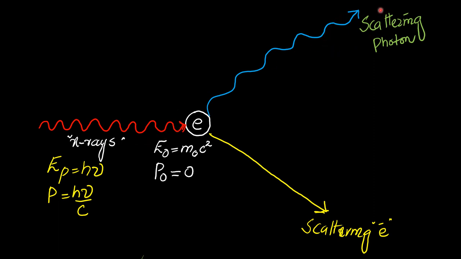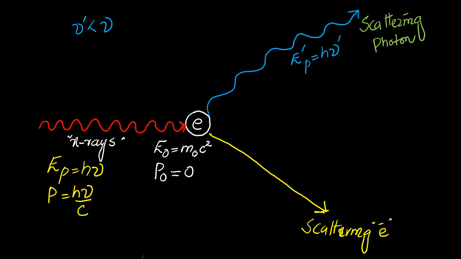We can represent the energy of the scattered photon as E prime, which is h into nu dash, because the frequency nu dash of the scattered photon will be lesser than the frequency of the incident X-ray photon.